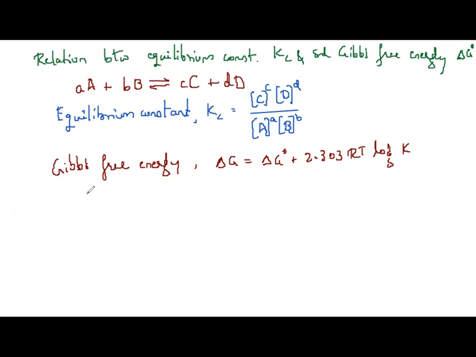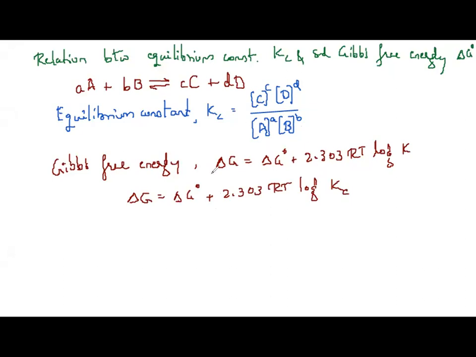This is at any temperature. So at a particular temperature T, I can write this equation like this: delta G is equal to delta G naught plus 2.303 RT log Kc, where Kc is the equilibrium constant.